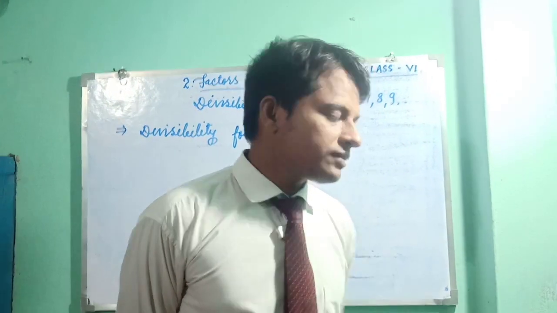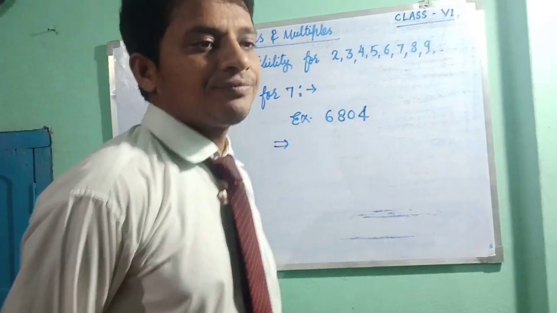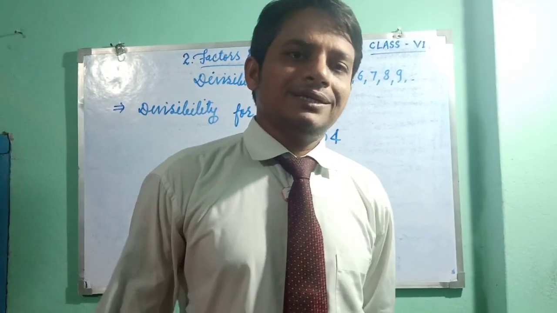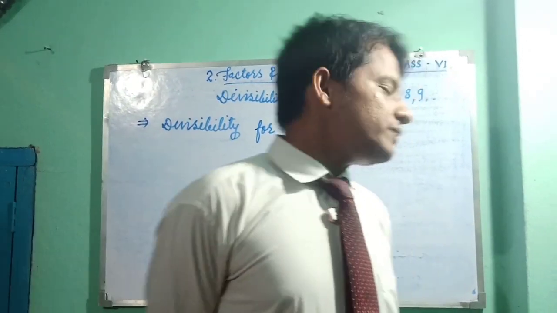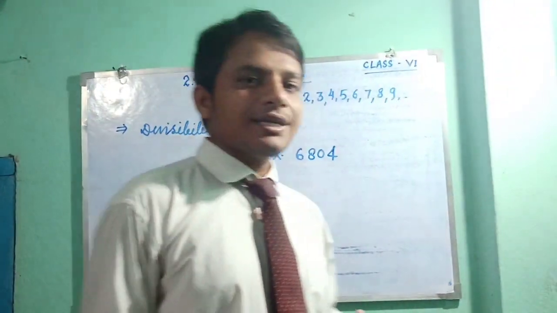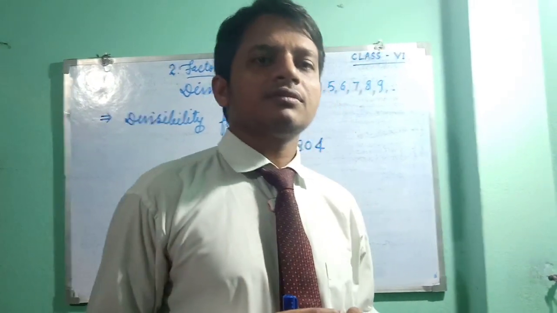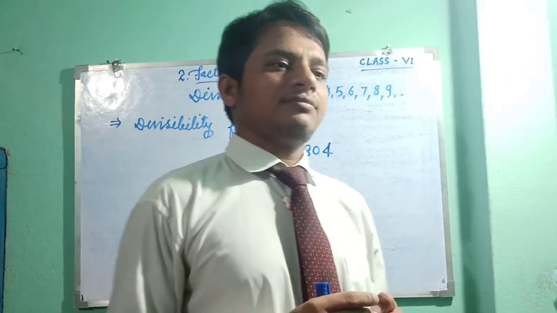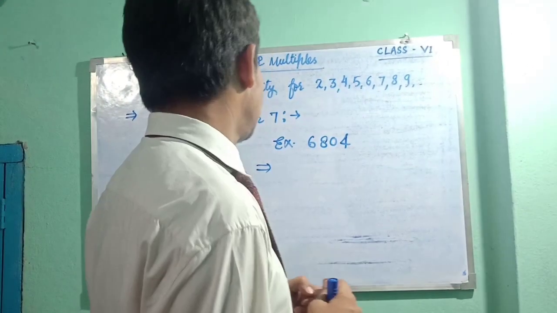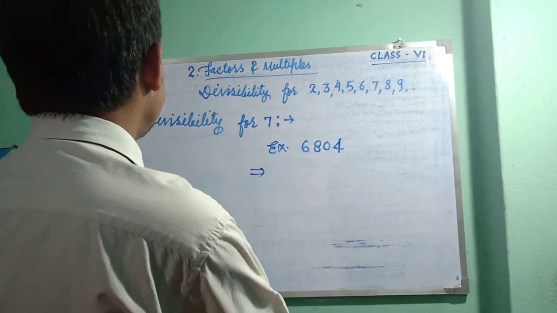Friends, once again I repeat, divisibility for 7: a number is divisible by 7 if the difference between the number formed except the ones digit and twice the ones digit is either 0 or a multiple of 7, then the number is divisible by 7. Let us understand with the help of an example.